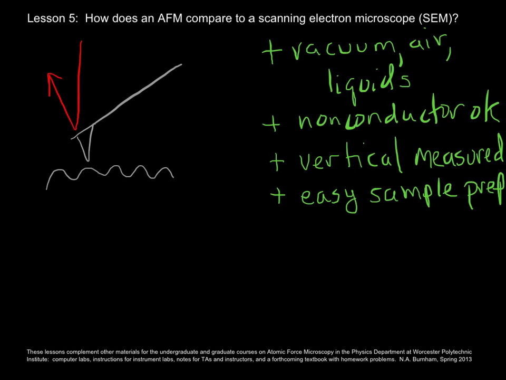What are the disadvantages? Well, let's list them. There's a limited Z range. So most AFM scanners cannot accommodate height changes of more than a few microns.